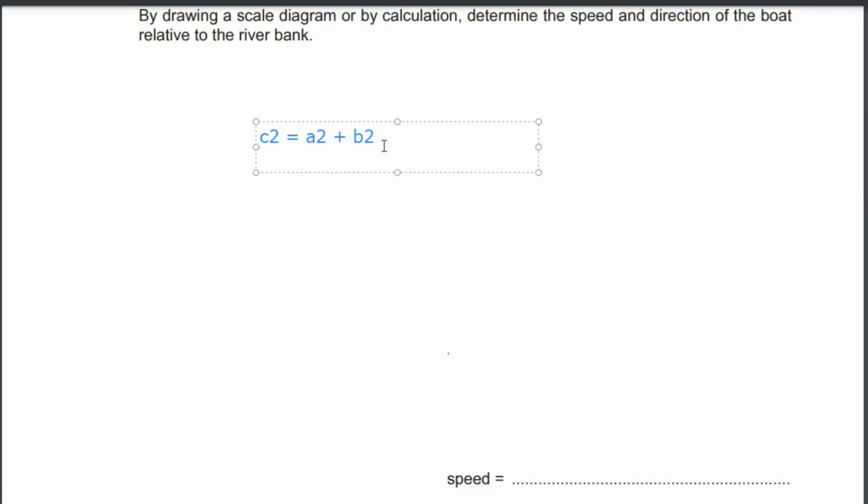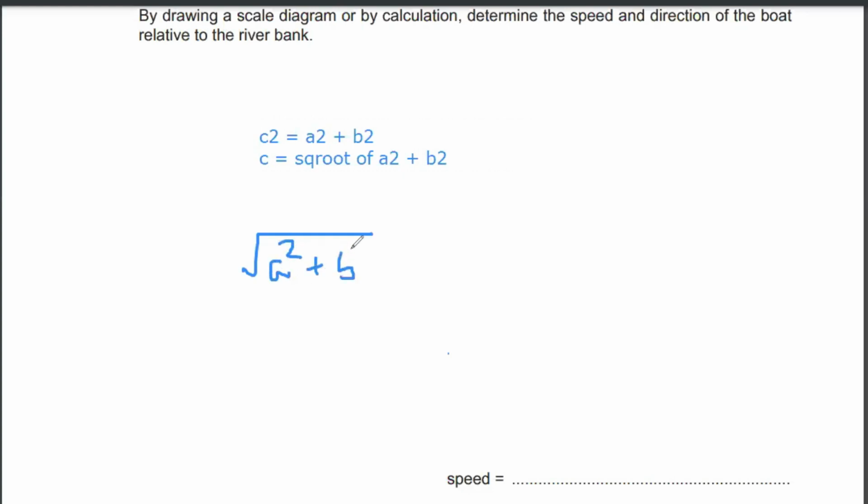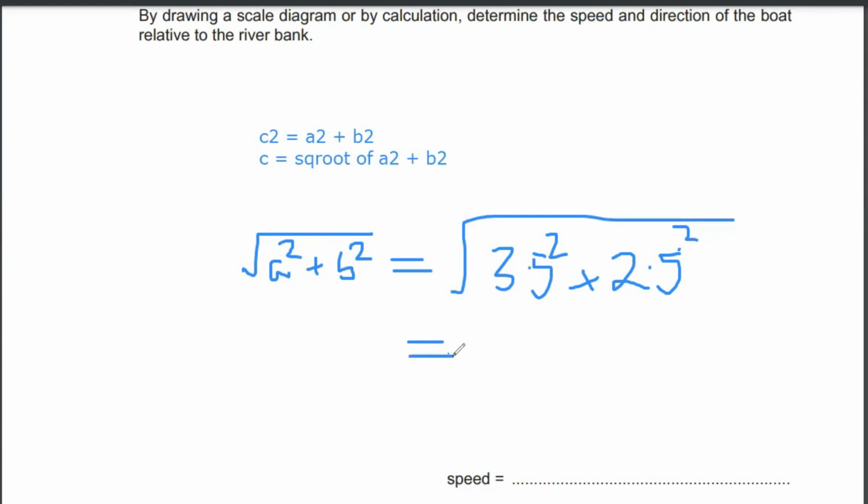Next would be to find c, which will be equal to the square root of a squared plus b squared. Here a was the speed of the boat and b was the speed of the river. So the square root of 3.5 squared plus 2.5 squared.